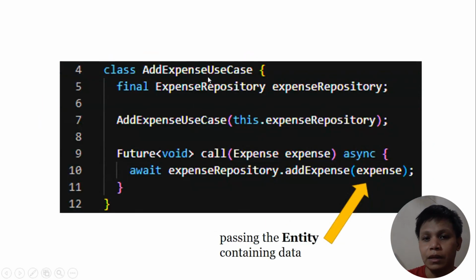It can accept data from the presentation layer, papasok niya down to the repository layer, and at the same time, it will also accept data from the repository and deliver it on top sa presentation layer. So, yun. Yun yung role ni use case.